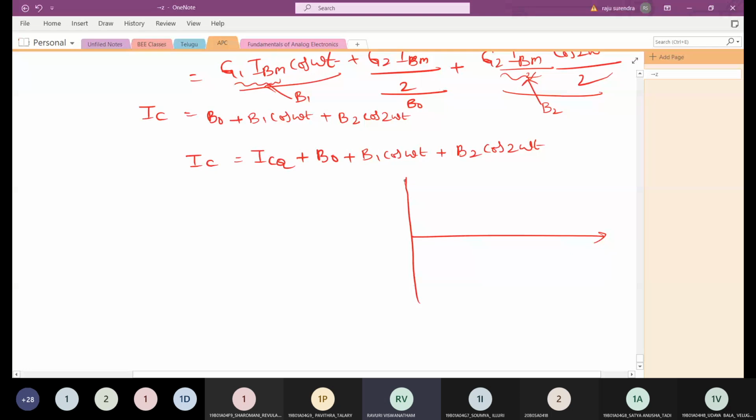Now I am going to consider a signal. Assume that this is the first point, this is the second, this is the third, with respect to omega t. What I am trying to find out is I max as well as I minimum.